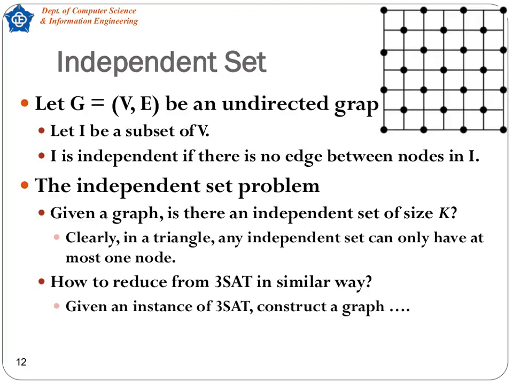Any two would be adjacent. This decision problem is NP-complete. Later on, we'll show how to reduce a 3-SAT instance to an independent set instance by constructing a graph whose independent sets correspond exactly to satisfying assignments. On the right, you see a grid graph illustrating the independence requirement. Any selected vertices must be non-adjacent in this concrete layout.